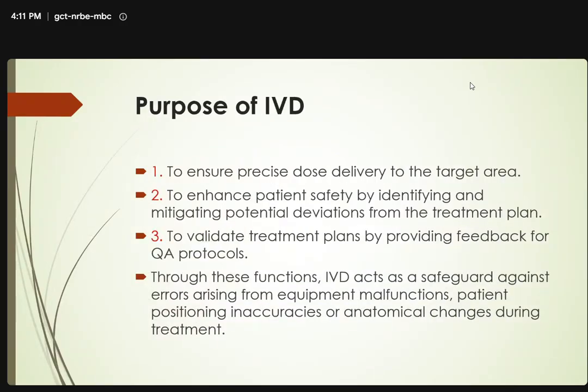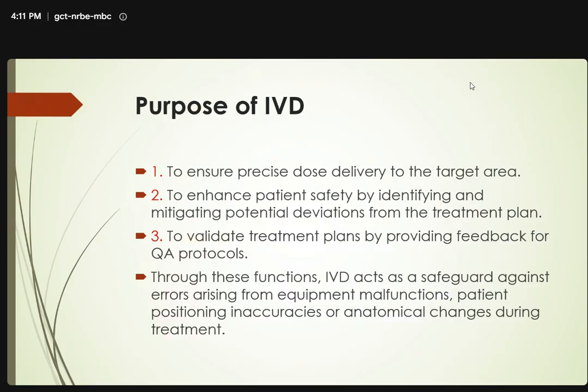So now, what is the purpose of this in vivo dosimetry? There are three purposes. First is to ensure precise dose delivery to the target area. Second is to ensure patient safety by identifying and mitigating potential deviations from the treatment plan.